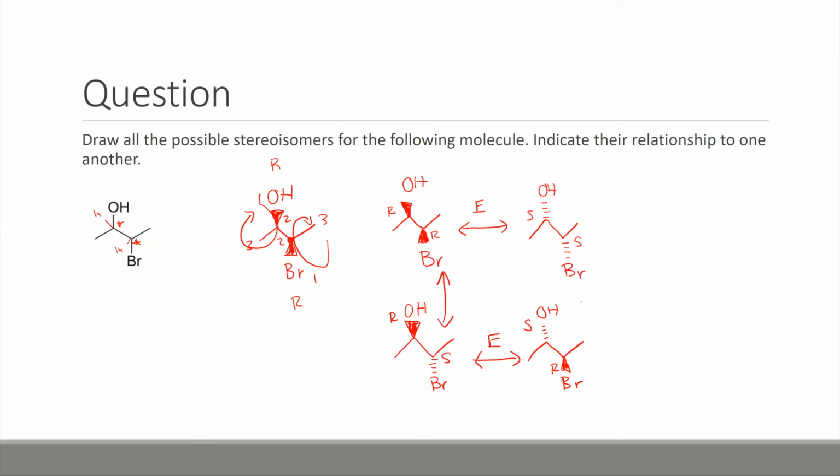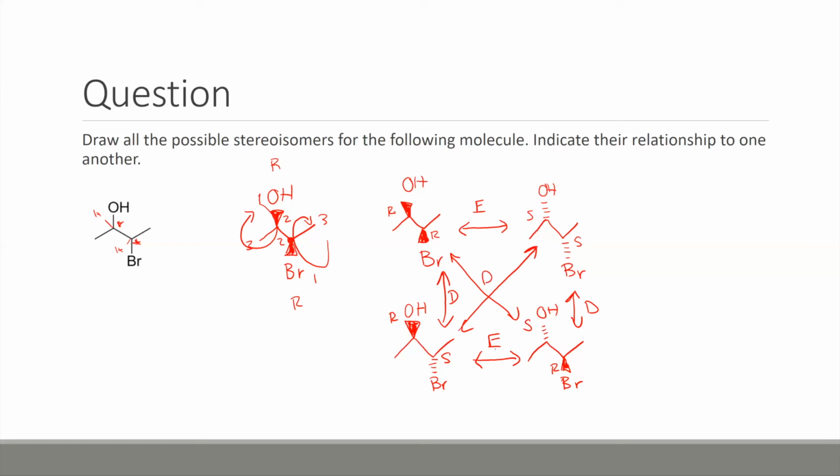The rest of the relationships between molecules should then be diastereomers. This is a diastereomer of this one and this of this. Similarly, across is also diastereomers.